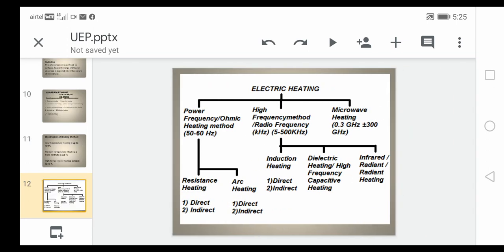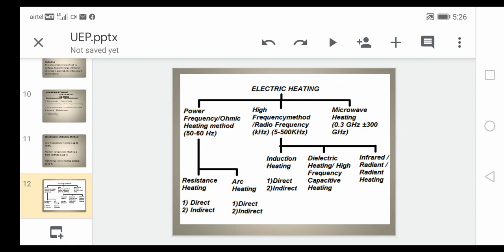Similarly, these are the different types of electric heating, and this is a graphical representation. Power frequency means normal frequency, 50 to 60 hertz. In that we have resistance and arc; resistance is direct or indirect, and arc is also direct or indirect.